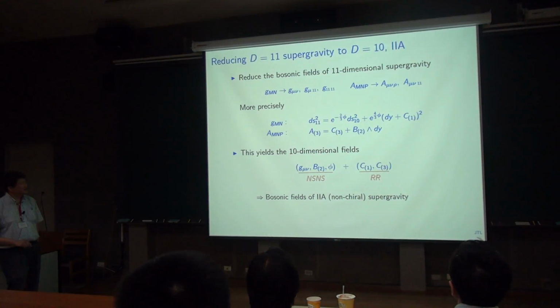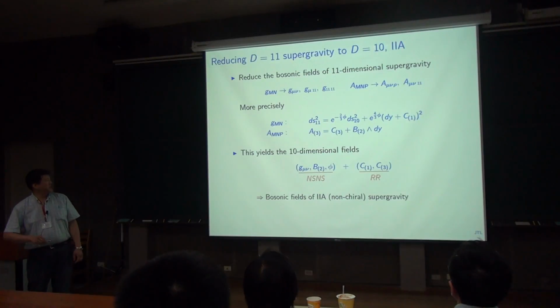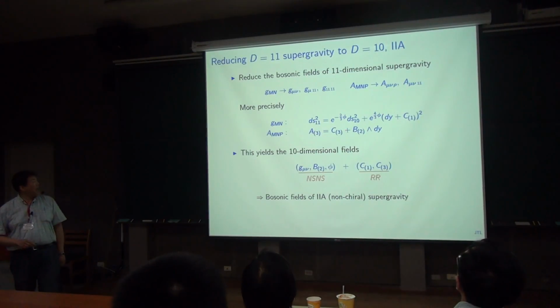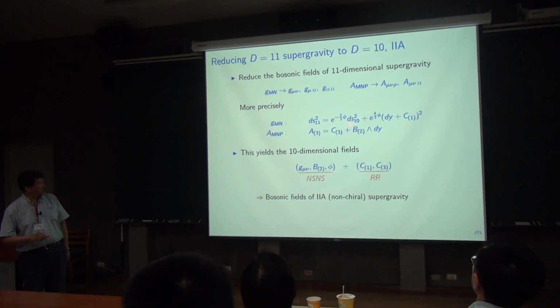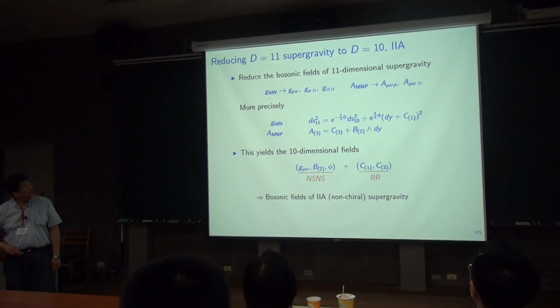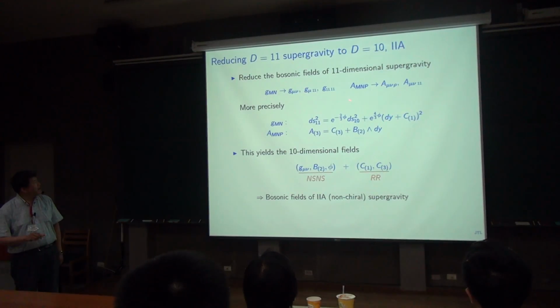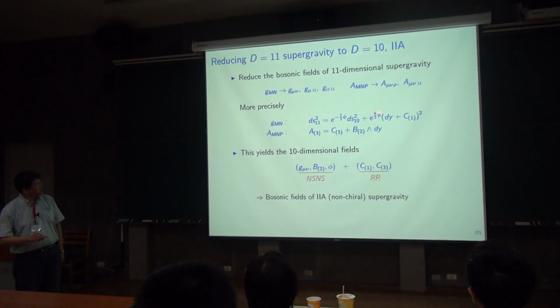I can group that in a little bit more elegant way by taking the 11-dimensional metric and writing it as ds10 squared. The ds10 squared over here is telling you G mu nu is the 10-dimensional metric. My 11th dimension, I just call y over here. So G11, 11 is basically the coefficient of dy squared, which is e to the 4/3 phi.